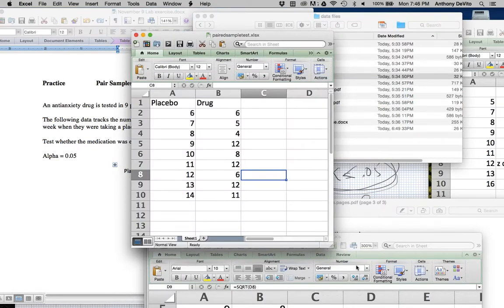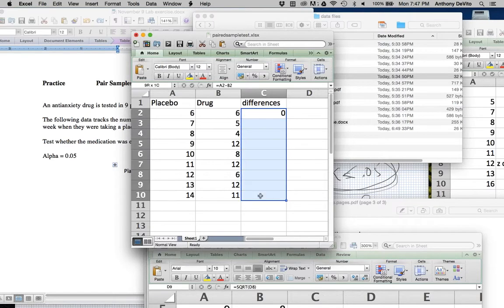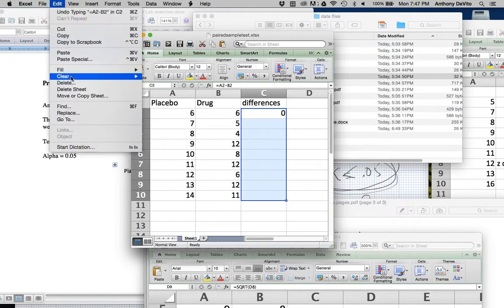Instead of looking at the means for group 1 and the means for group 2, I'm going to look at the individual differences in these two groups, in each individual. For the first person, there was no difference in whatever that number is related to that drug. His reaction to the placebo and the drug were exactly the same. So I'm going to do that for each person in this group.